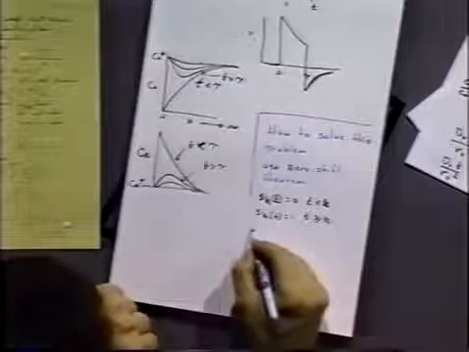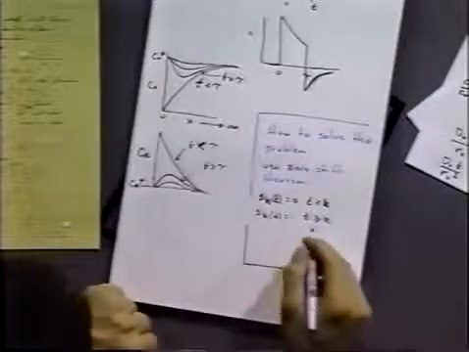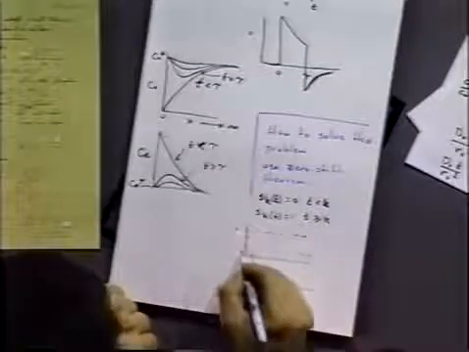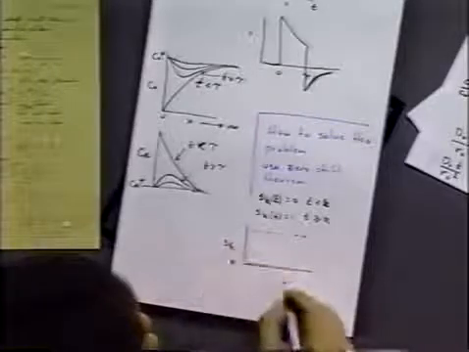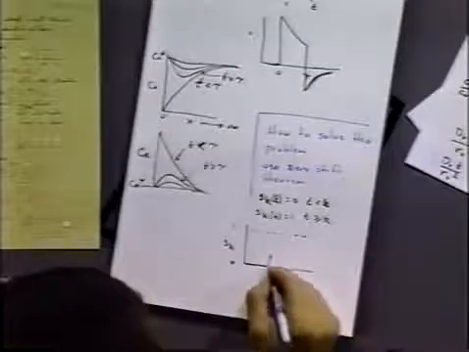So if we plot our function S sub k, it just steps from 0 to 1 at some time k.